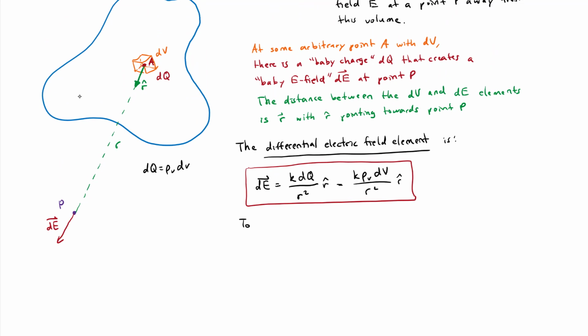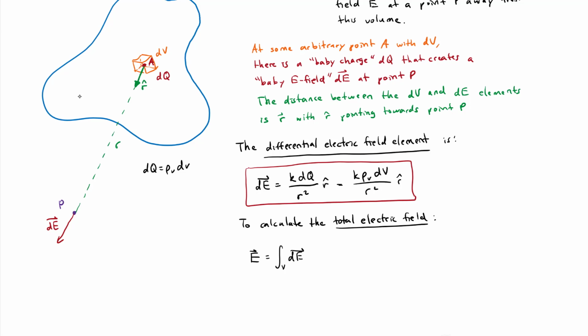So to calculate the total electric field, this is where all of our training in integration comes in. We're going to need to take the integral with respect to volume of dE. This example has to do with volume. If you have a surface area, you take the integral with respect to surface area, and if you have a linear quantity, then you take the single integral of that.